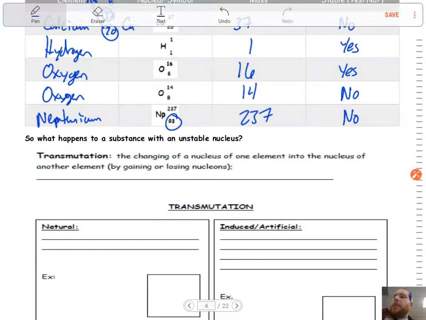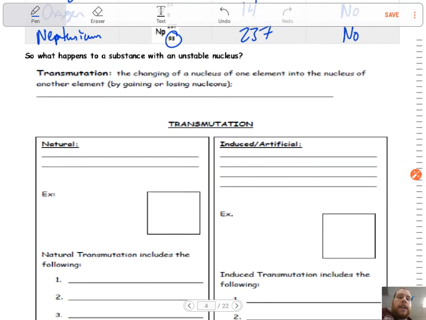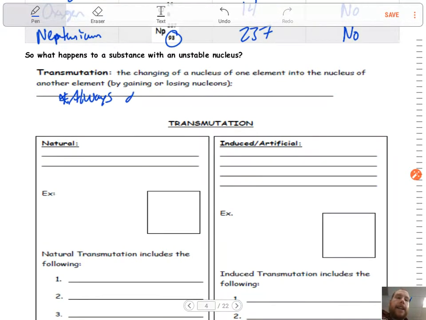Okay, so a couple options as to what can happen with an unstable nucleus. Transmutation, guys, that's what's going to happen. It's the changing of a nucleus of one element into the nucleus of another by gaining or losing nucleons. Note here, it always decays into a more stable element.